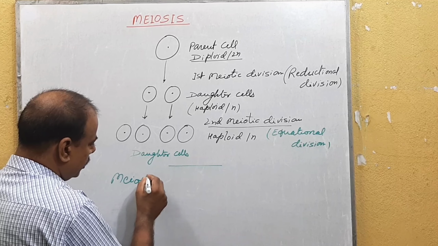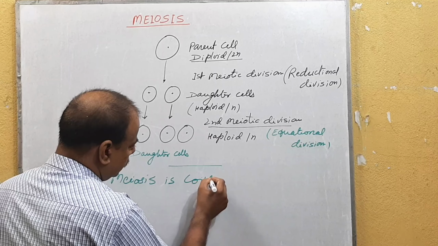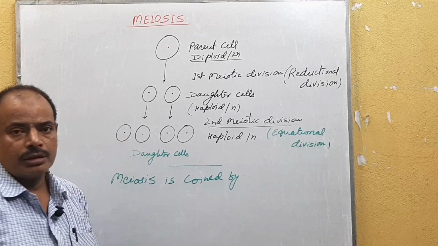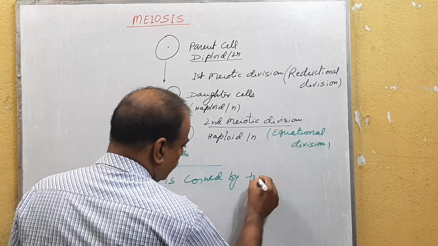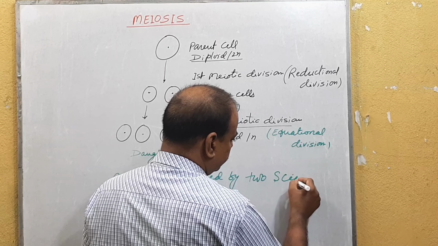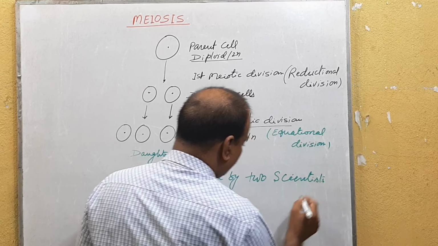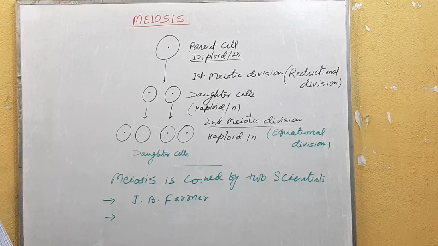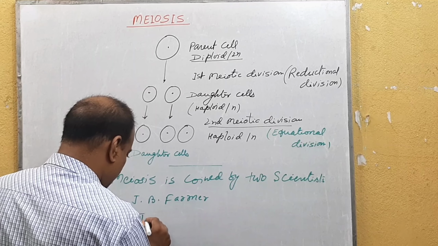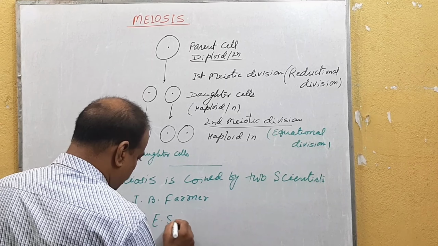Meiosis was coined by two scientists. Number 1, J.B. Farmer, and number 2, J.E.S. Moore, in 1905.